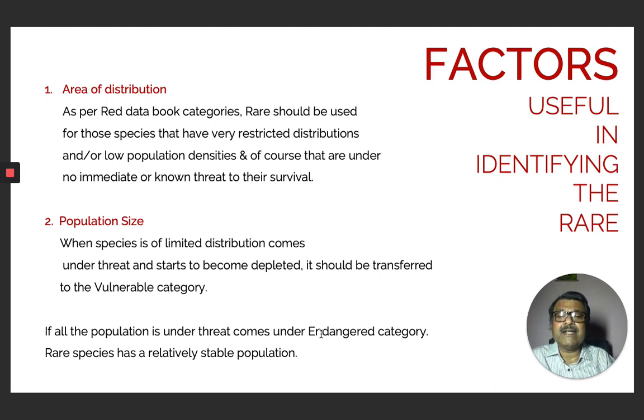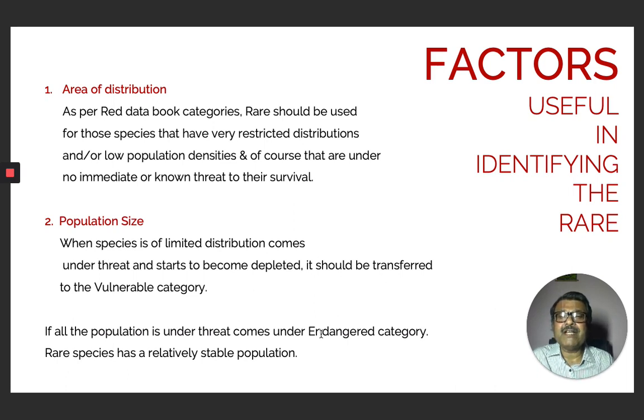And the second criterion is population size, whether the size is small or large, or it comes under threat, or the number is gradually depleting. So the rare individuals may get into the vulnerable species category.